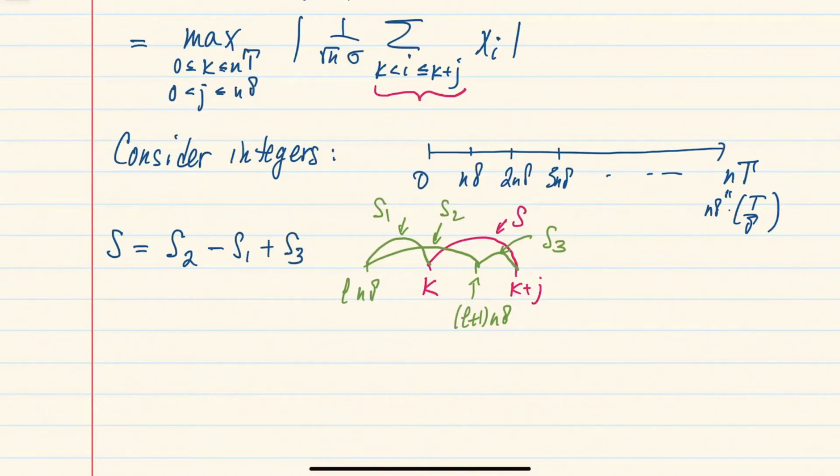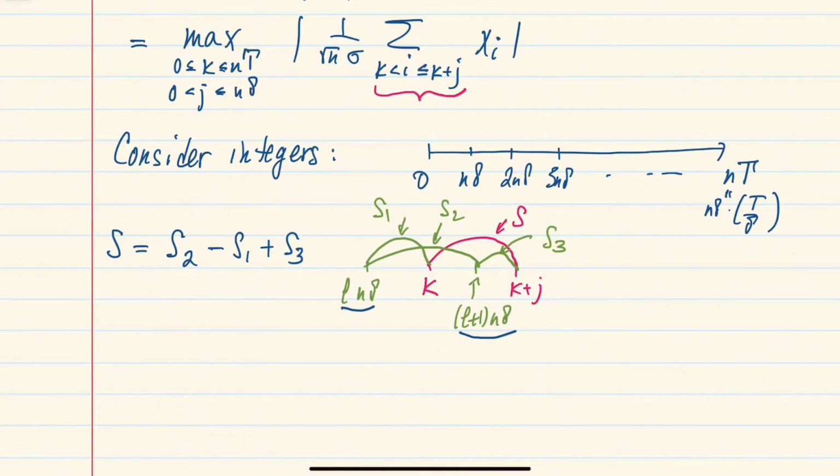Okay, notice in this representation, the starting point in these three sums is either L n delta or L plus 1 n delta. So the starting point is proportional to n delta. But at the same time, the arbitrary sum that we are interested in can be represented as a linear combination of three sums with this discretized starting point.